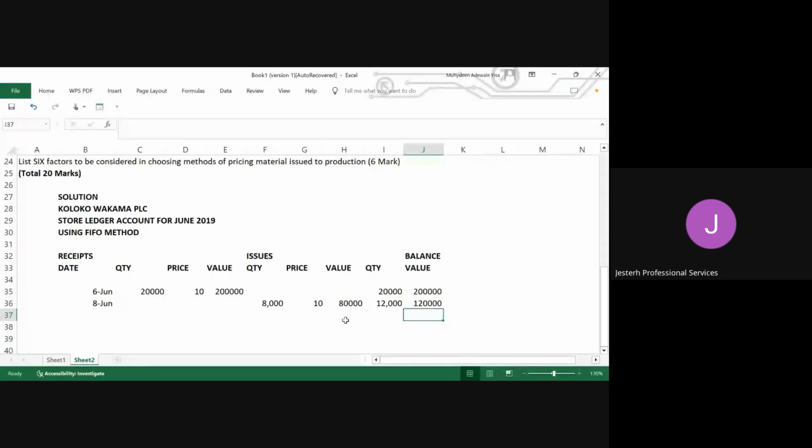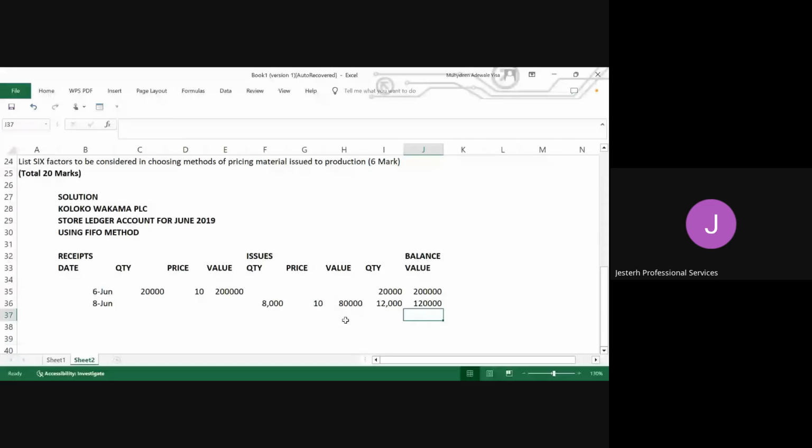If they buy at 10 naira, they will know that when issuing it out, they are issuing it out at 10 naira, whenever they are determining their cost per unit to sell their products. All this helps them monitor how the value of the inventories moves from the purchasing level to when they are issuing it out.